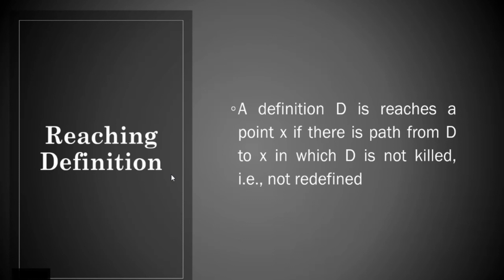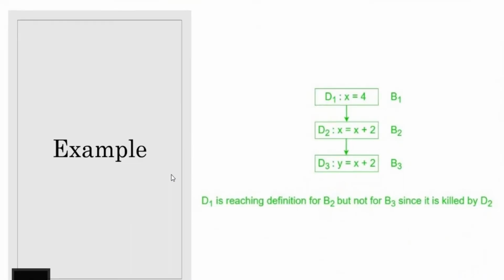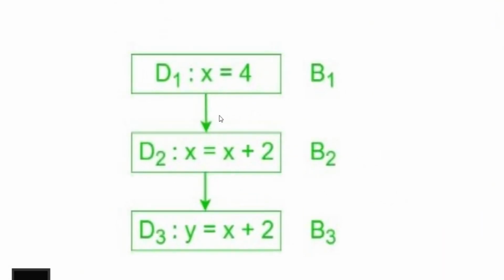For example, in this example, D1 is x equal to 4 in block B1, and D2 is x equal to x plus 2 in block B2, and D3 is y equal to x plus 2 in block B3. See here, D1 is a reaching definition for D2 because the value of x is used here.